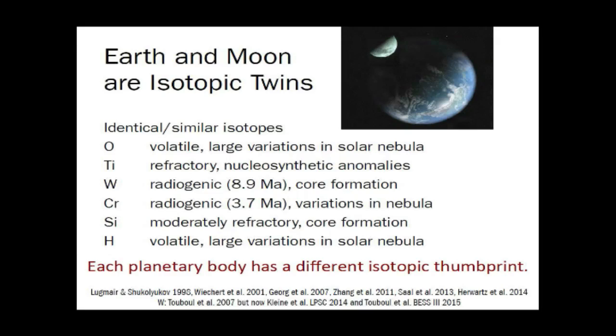Some are nucleosynthetic in origin, some arise from variations in the solar nebula, and some arise from processes that happen on a planetary body themselves. And so when we compare the Earth to any meteorite or meteorites that we believe are from Mars, each object has a unique set of isotopes that we use as the thumbprint to categorize material from different parent bodies.